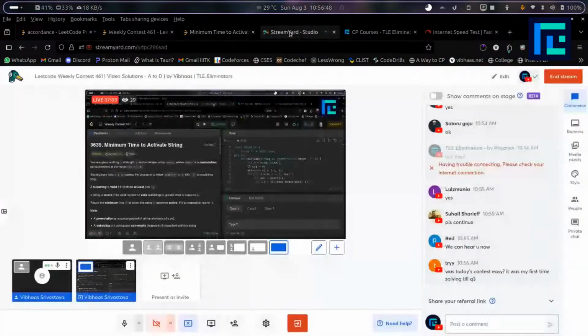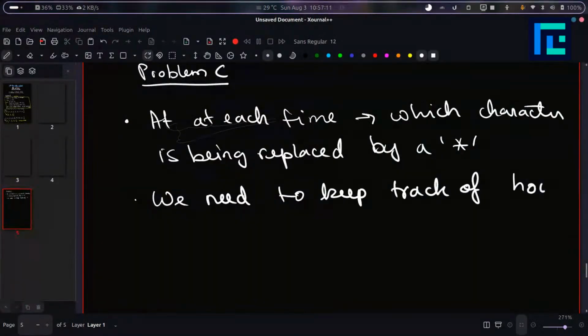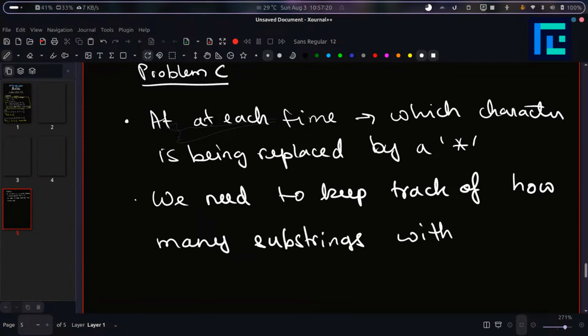And also, count how many valid substrings there are. So we have to keep track of how many substrings with a star are present.